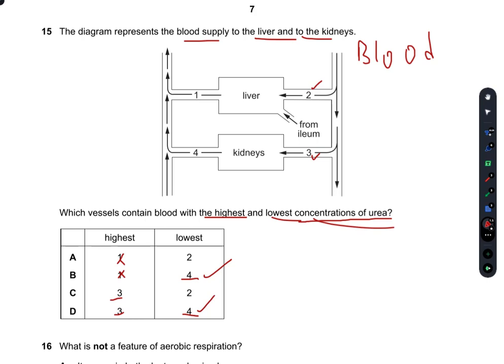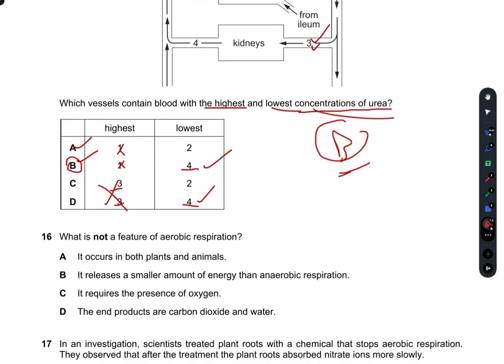Now I had forgotten one thing here, that the liver is used for detoxification. Liver is used for detoxification, and it may also release some kind of urea in the blood vessels. So 2 will have greater concentration of urea than 3 because the liver also releases the waste in the blood. So sorry for this, B is the right option.